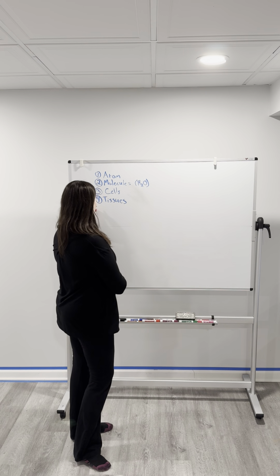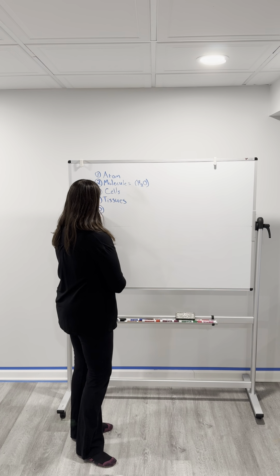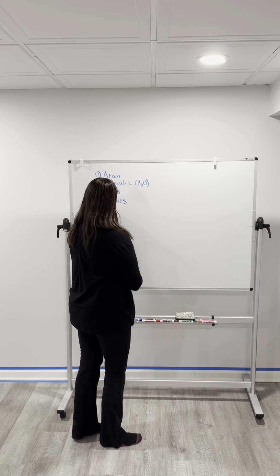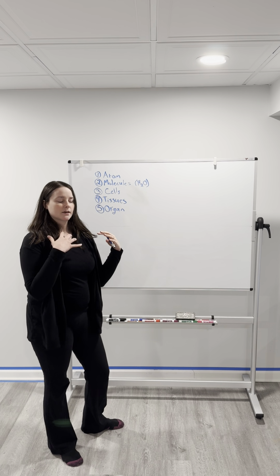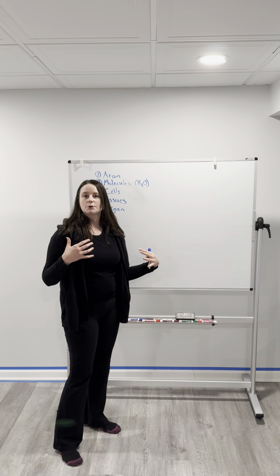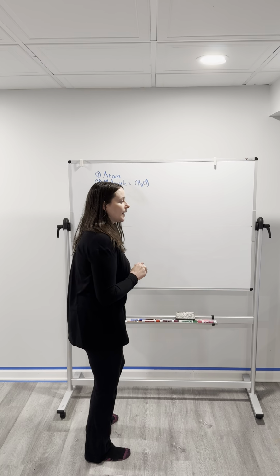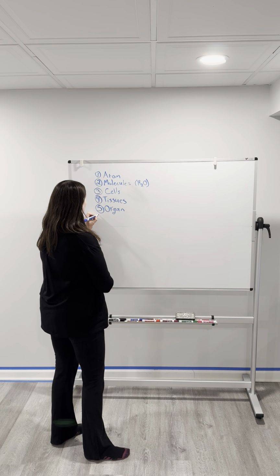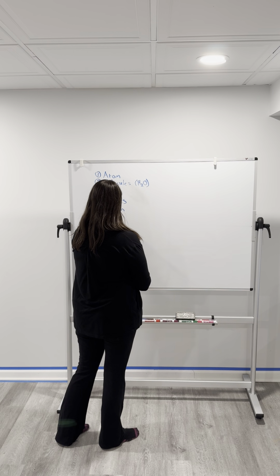But our next level then would be organs, okay? So tissues come together to make organs, okay? And again, that would be like the stomach, the heart, the liver, the kidney, all of our different organs. Skin is an organ, bones, so organs, okay? Those come together to make organ systems, okay?